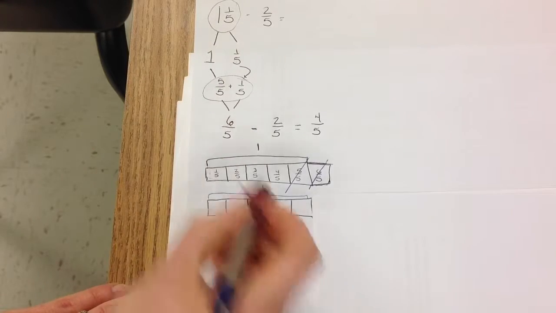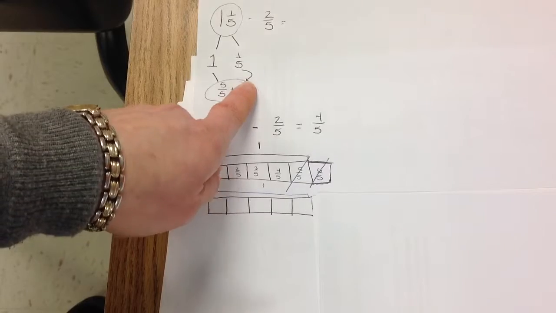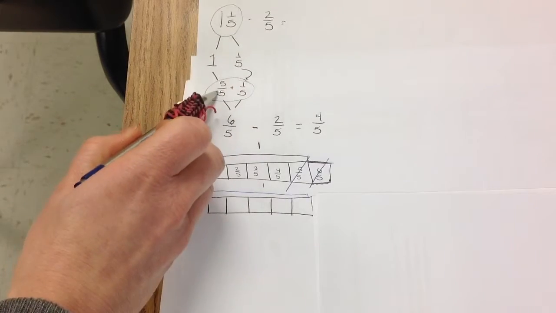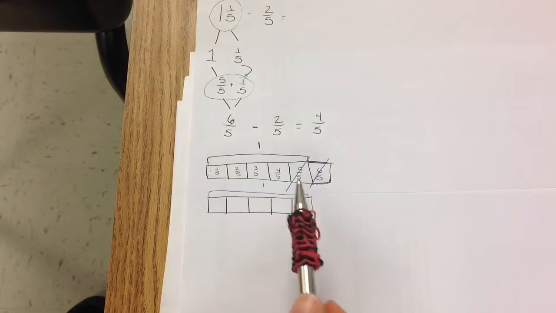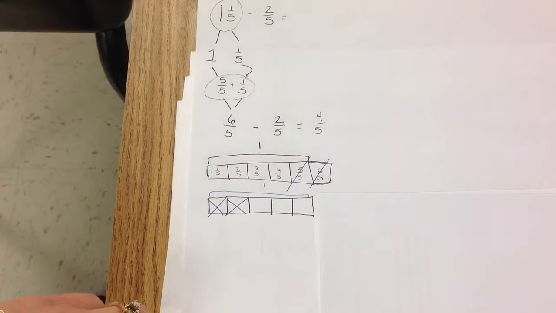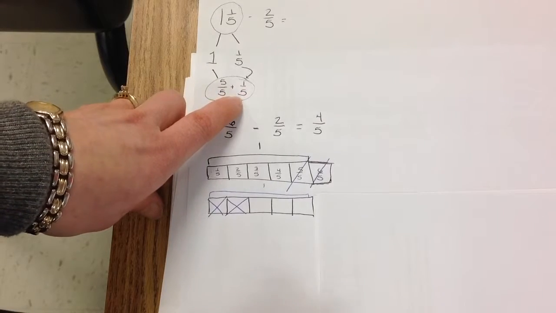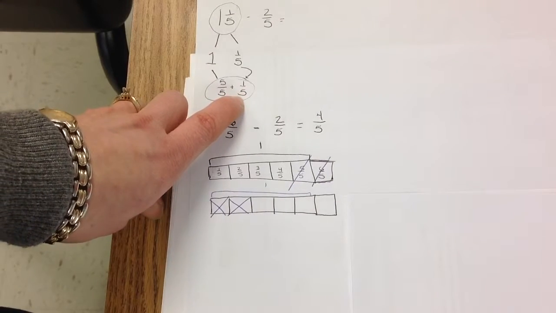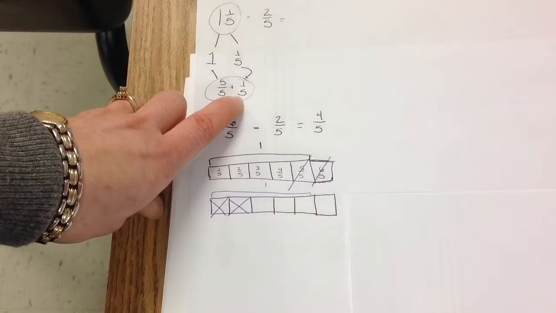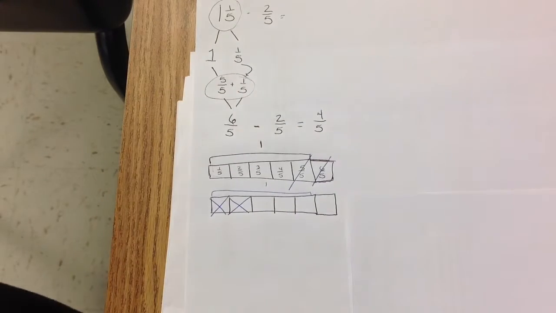So 5/5, take away the 2/5. We're going to ignore this little extra piece at the moment. So my whole minus my part. 5/5, take away 2/5. But then I would actually add on that 1/5. So I have 4/5 left. Two different ways to do it.